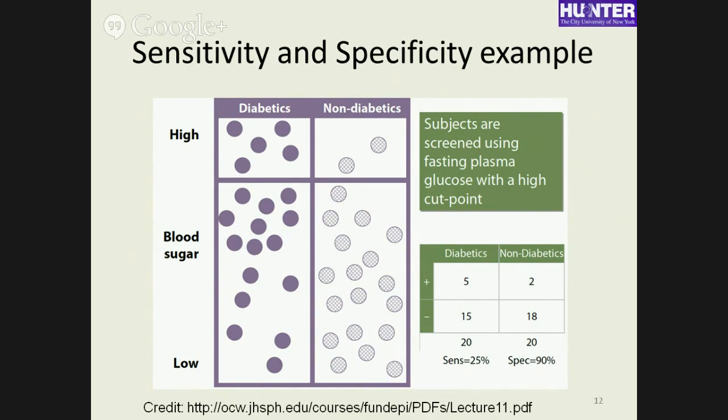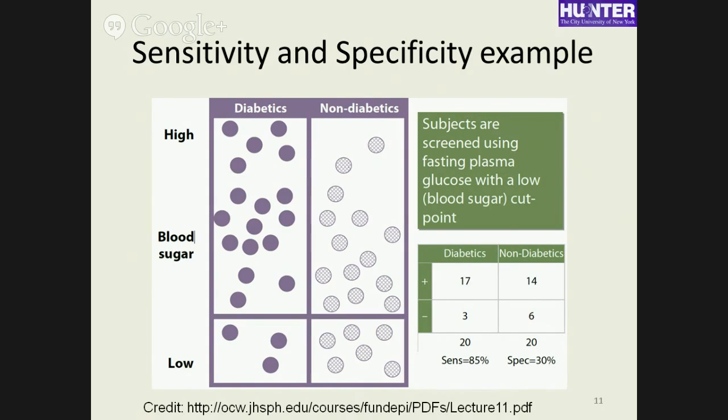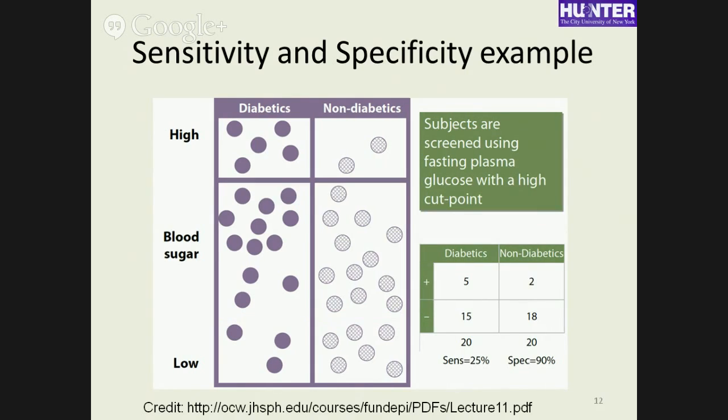So here's another way that you might set the threshold. You could set a high threshold. So now you're not going to say that very many people have diabetes. By setting this, you say fewer people have diabetes, and you're better at those predictions. So someone who has a positive test is more likely to have diabetes. And what you're seeing in the bottom right here is what we call the sensitivity specificity trade-off. Back on the previous slide with the low threshold, we had 85% sensitivity, 30% specificity.